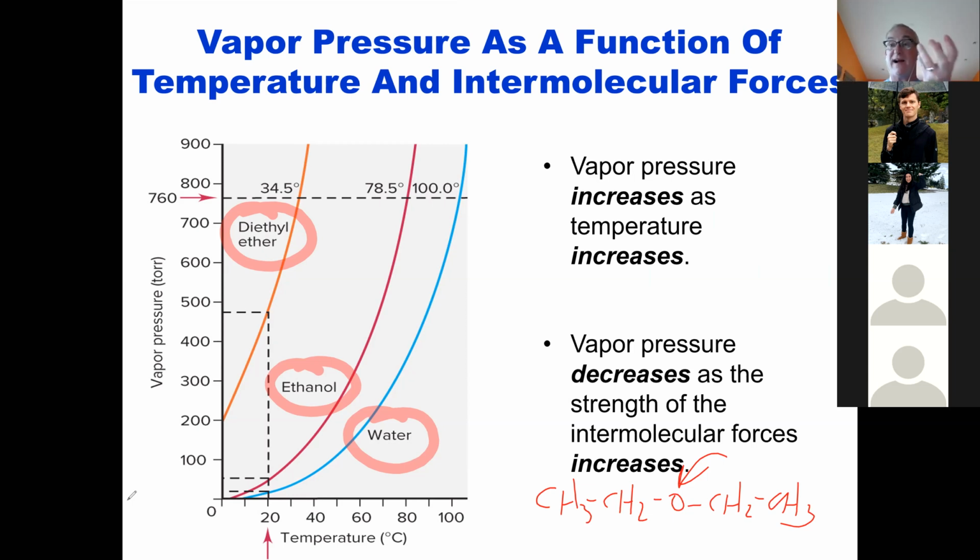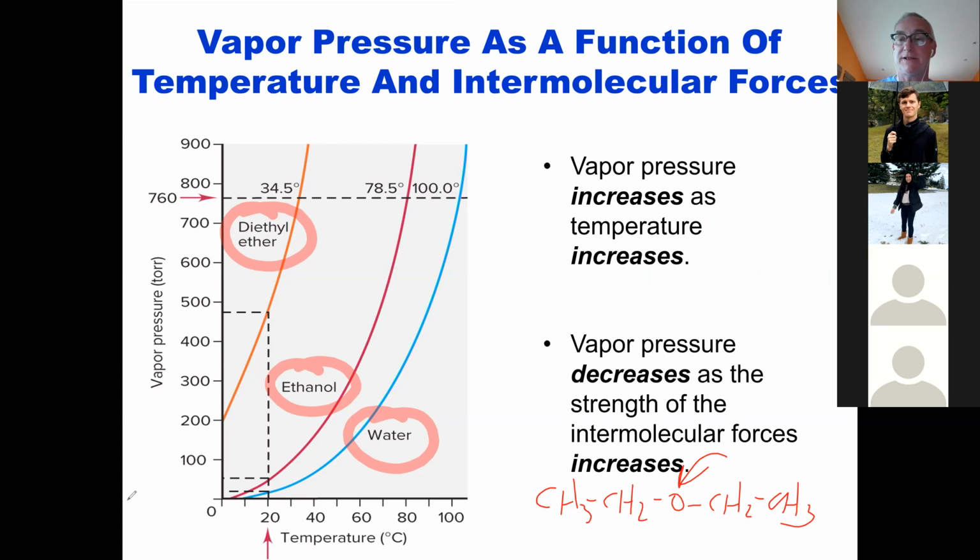We'll find out what sort of interactions those are. But the intermolecular forces between nonpolar molecules are much weaker than they are for polar molecules. So it's the shape. And so it's not as polar as ethanol or water.